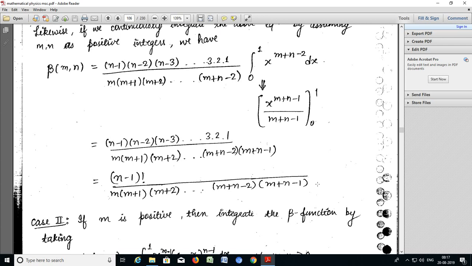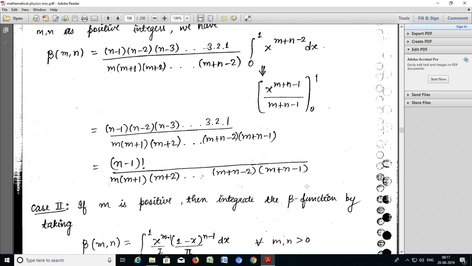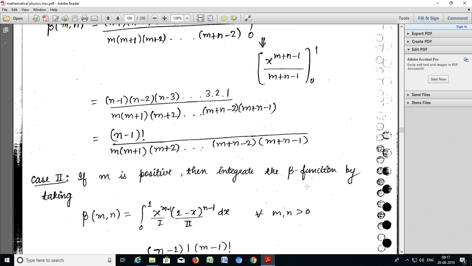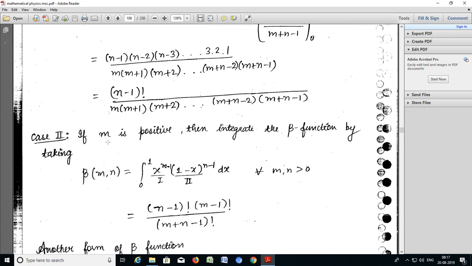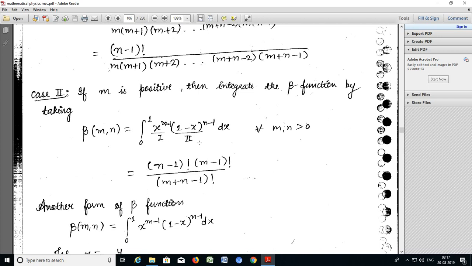Now this gives you integration like this, 0 to 1. So we can get this as the whole quantity, which can be written as n minus 1 factorial over this whole term. That means this is another way of writing when you extend it to different parts.